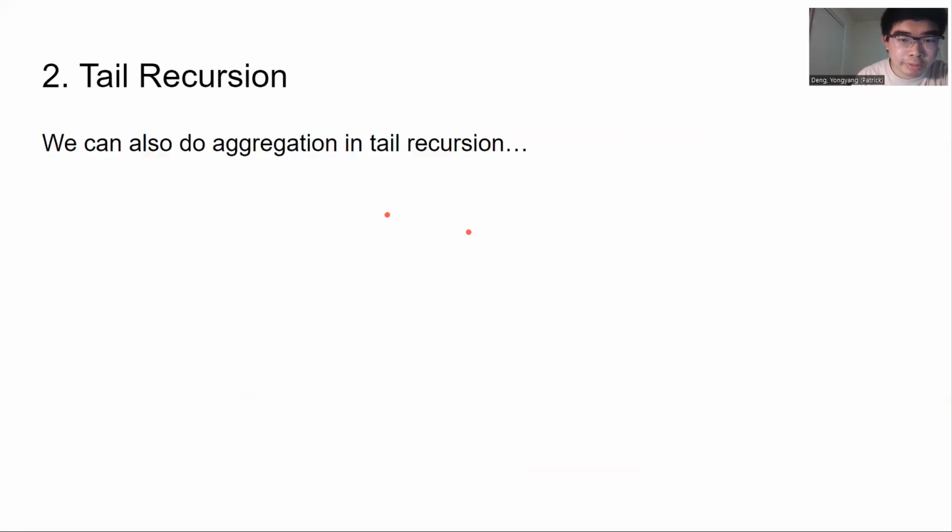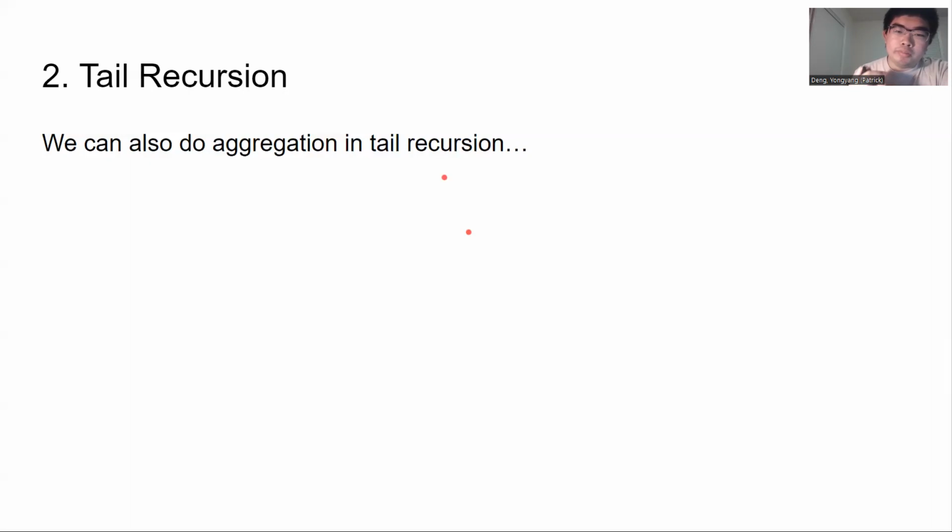So how do we do aggregation in recursion? Aggregation means that, suppose there's a broken glass, and we find the pieces of glass and try to make it the original glass, which means the glass before it was broken.